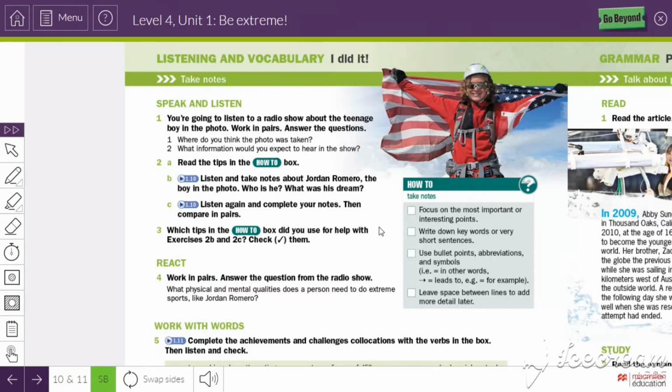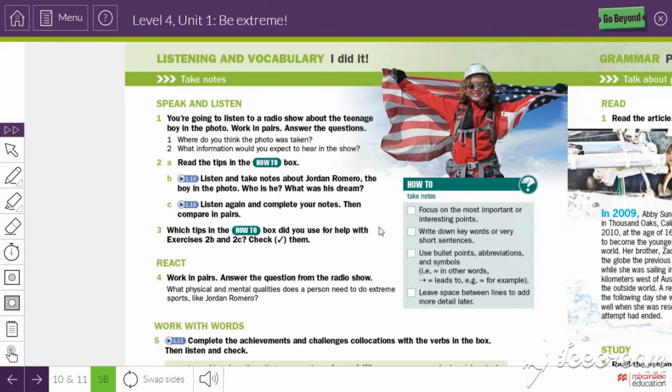In the exercise you can see, tell us which method you use to note, or to write down the important information. We have different tips. One, focus on the most important or interesting points.